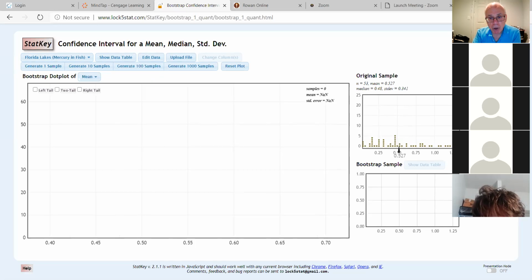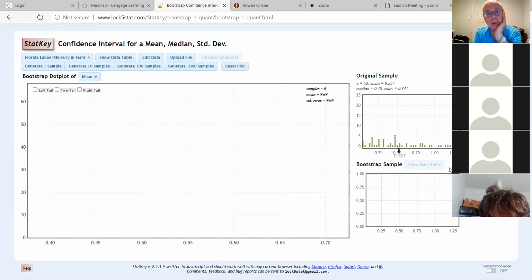And the 53 values are shown in this dot plot, all right? So it runs as low as 0.04 amount of mercury in a fish all the way up to 1.33 amount of mercury. Each of these dots represents one of the 53 fish. So we're going to do the same thing as we did in proportions.